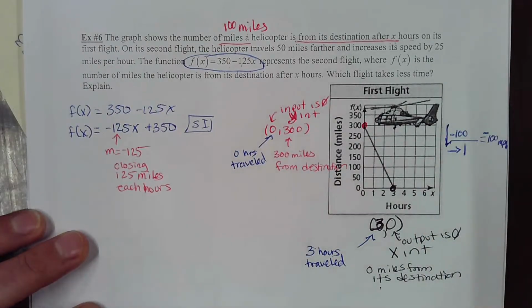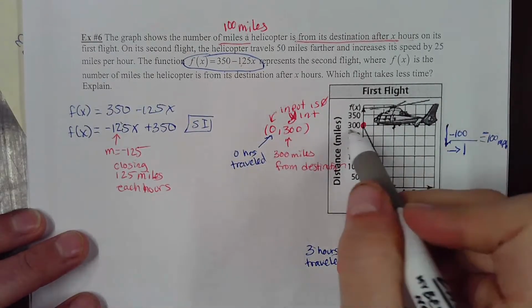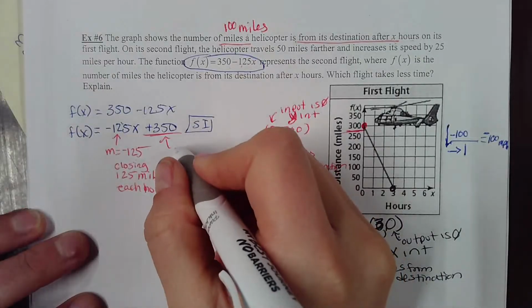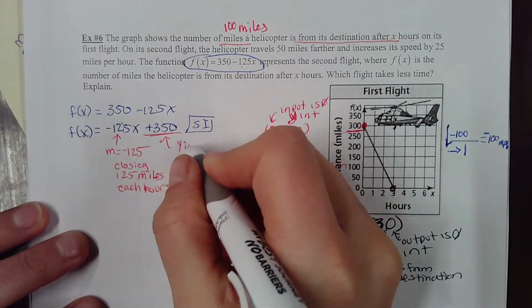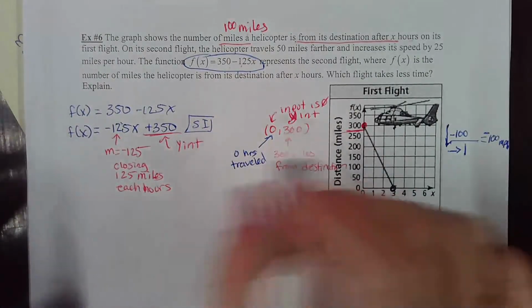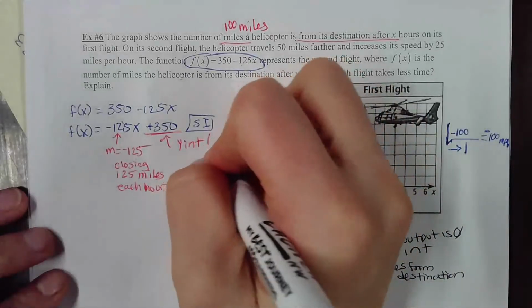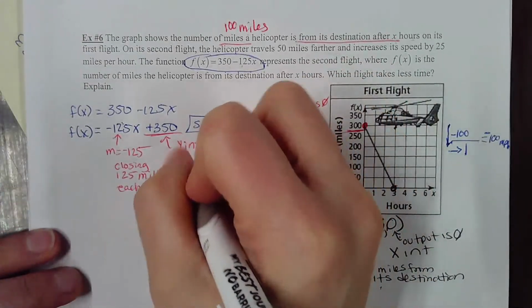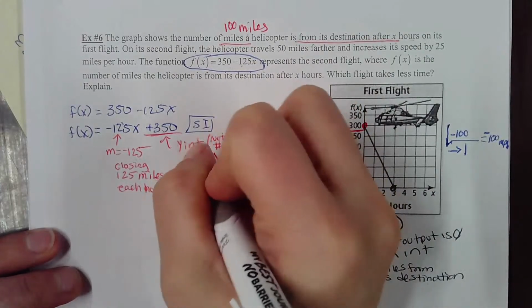He was traveling towards his destination at 100 miles per hour. This is our 25 miles faster. Originally, he was 300 miles away. Now he's 350 away. This is our y-intercept. Remember, a y-intercept is never a number. It's always a coordinate, 0, comma.